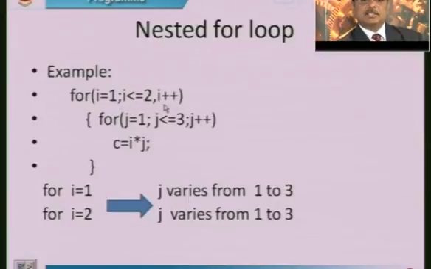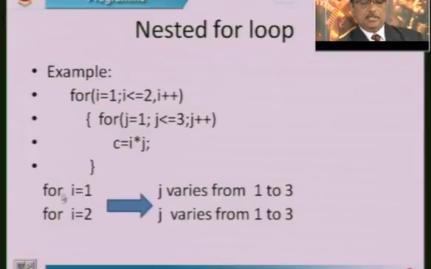As per this instruction, i is incremented to 2, and as per this condition it is true, so control goes once again, j is reinitialized to 1, and this statement, c is i into j, executes 3 times because you have put the condition j less than or equal to 3.